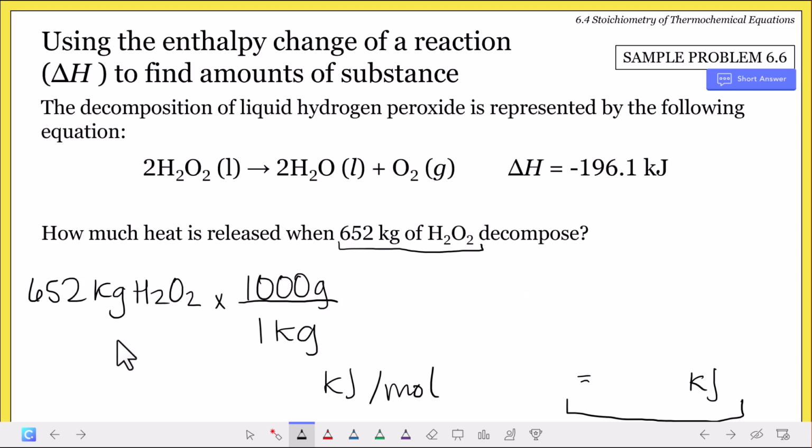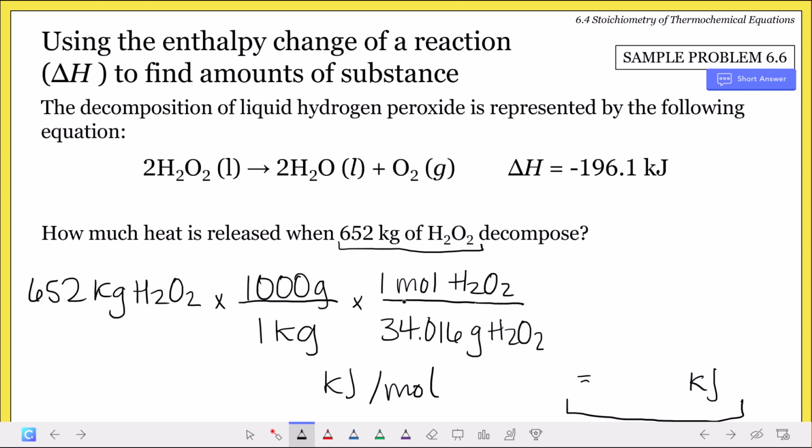Now that I have this mass expressed in grams, I can figure out how many moles of hydrogen peroxide I have using the molar mass of this compound. So, in 1 mole of hydrogen peroxide, how many grams of this substance do I have? And the molar mass of hydrogen peroxide turns out to be 34.016 grams.